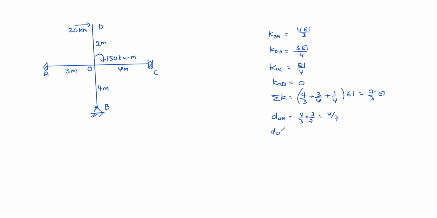Distribution factor of OB equals 3 by 4 into 3 by 7, sorry, 9 by 28. Distribution factor of OC equals 1 by 4 into 3 by 7, 3 by 28. Okay.